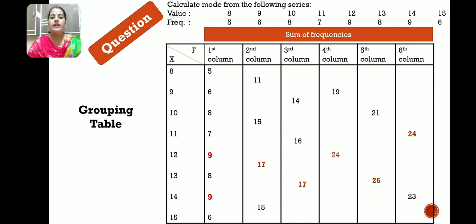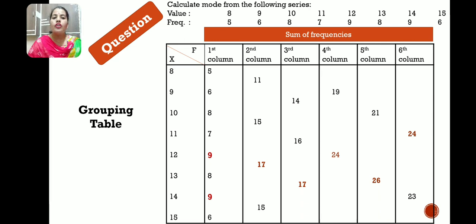So x you will write here vertically: 8, 9, 10, 11, 12, 13, 14, 15, and then in the first column of frequency you write the given frequencies: 5, 6, 8, 7, 9, 8, 9, 6. I have highlighted 9 here because that is the highest frequency of the first frequency column, and it is coming 2 times, so I have highlighted it 2 times.